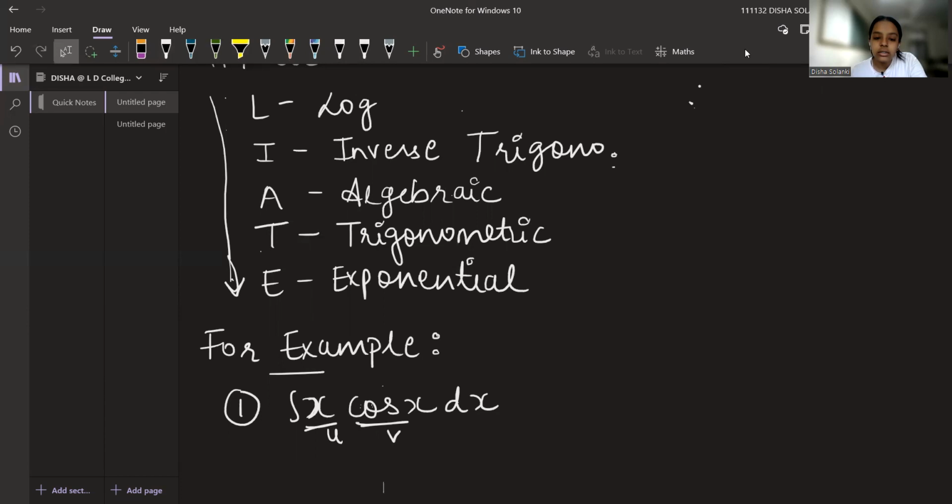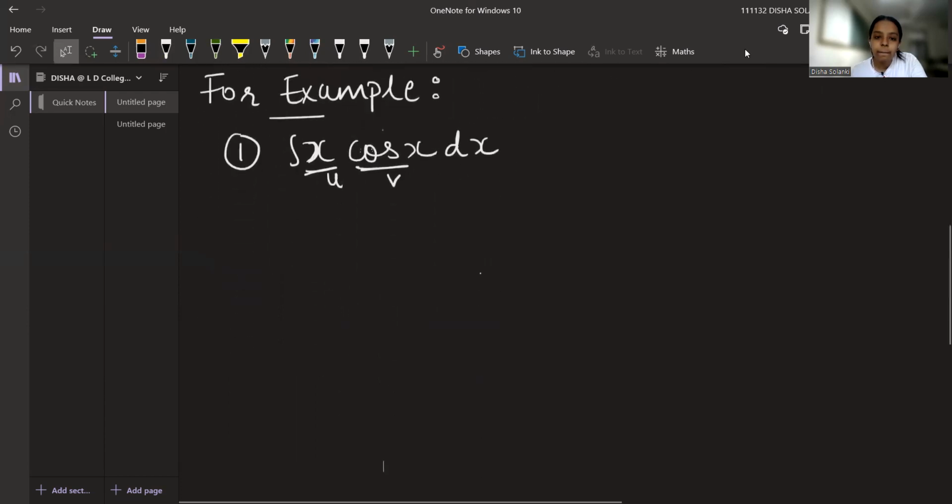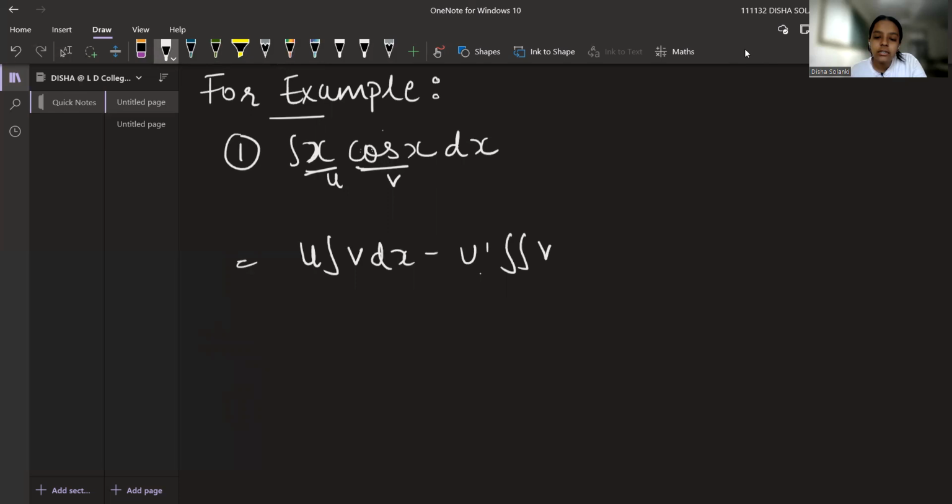So let's solve the question. I will first write the equation: u integration v dx minus u dash integration v dx plus u double dash integration v dx and so on.